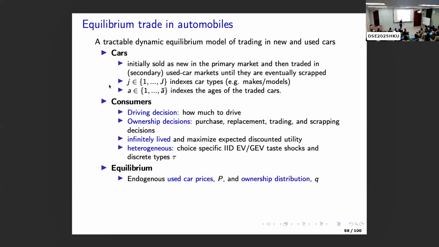We're going to have extreme value shocks, generalized extreme value shocks because we have a nested logit structure. And what is new compared to what we just did is that we're going to have endogenous prices in equilibrium. All the used car prices are going to be endogenous, those prices that match supply and demand. So we're going to impose that additional restriction.